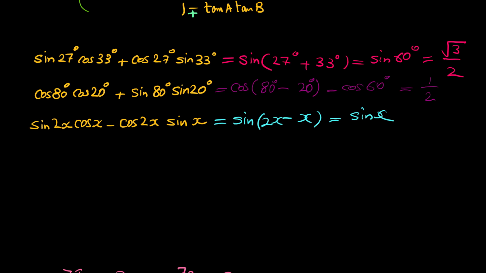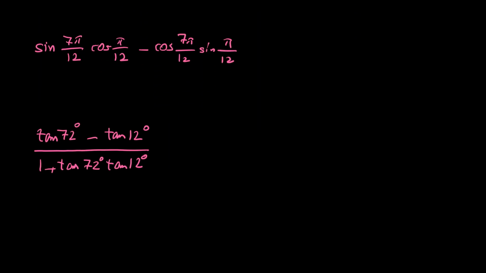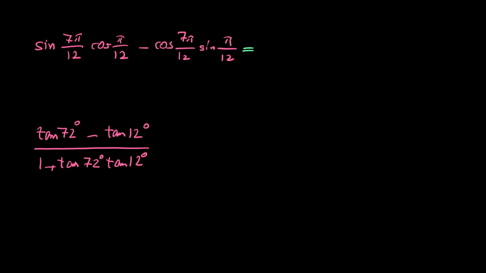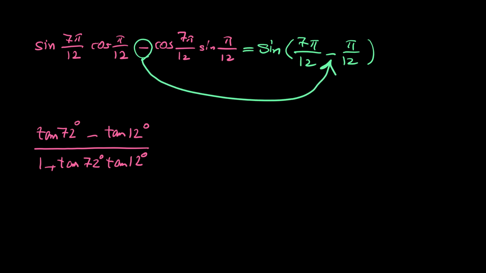And so this equals sine of A, which is 7 pi over 12 minus pi over 12. Why minus? Because here is minus, we have to put minus between. 7 pi over 12 minus 1 pi over 12 would be 6 pi over 12.